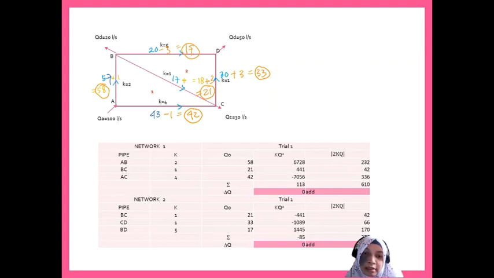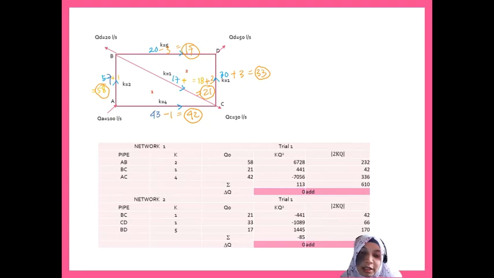And in the third trial, we can find the delta Q is 0. So it is finished, no need to trial again.